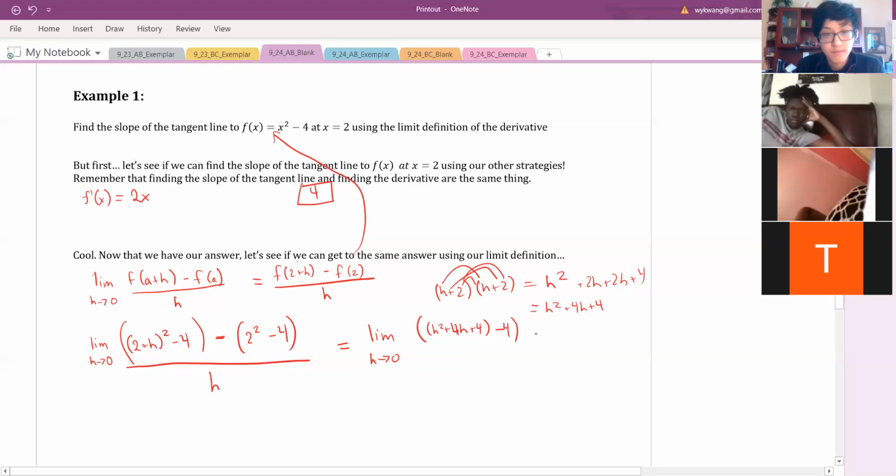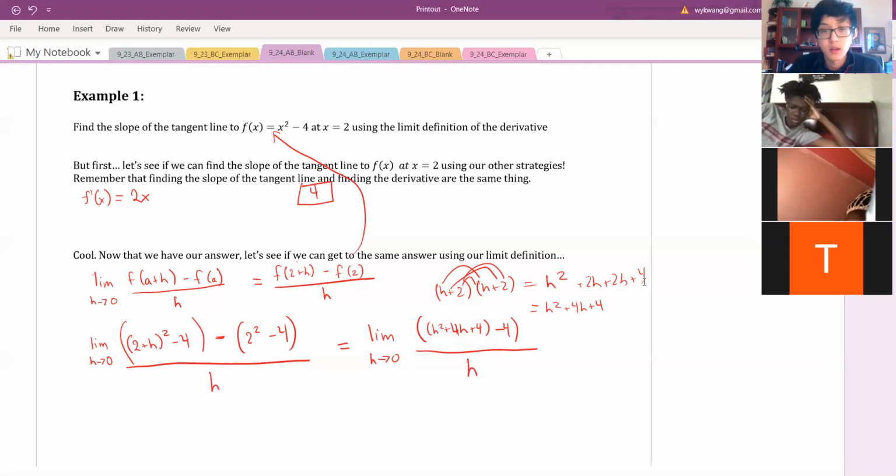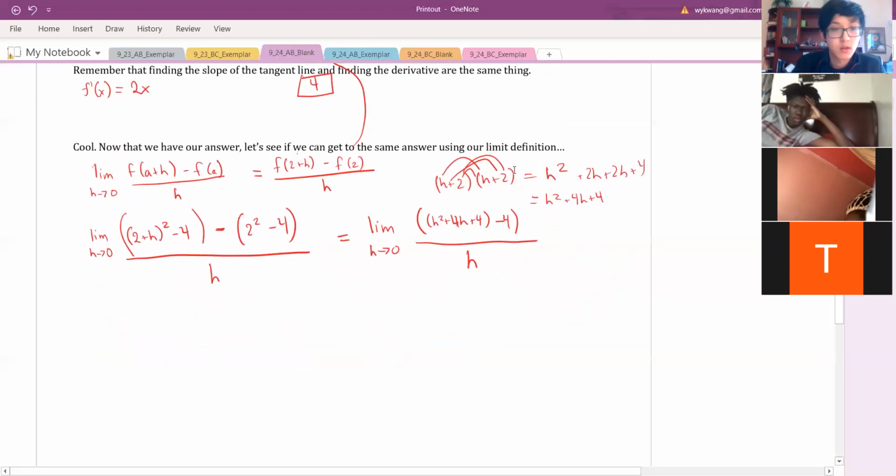So subtract 4, and then the rest of the stuff I'm going to simplify now to 0, because this is just minus 2 squared minus 4, so it's going to be minus 0. And if it's minus 0, I'm just going to delete it. Okay, so we're taking this one more step. This is the limit as h approaches 0.